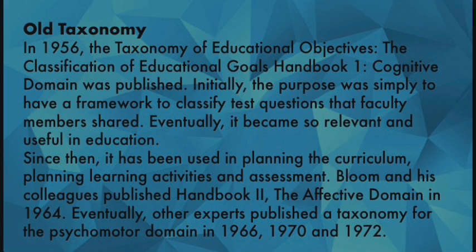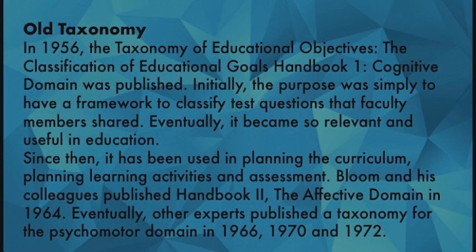In 1964, Bloom and his colleagues published a second handbook, the Handbook for the Affective Domain, which introduced a taxonomy for the affective domain. The affective domain deals with the attitudes, values, and emotional aspects of learning. Later on, other experts also published taxonomies for the psychomotor domain in 1966, 1970, and 1972.